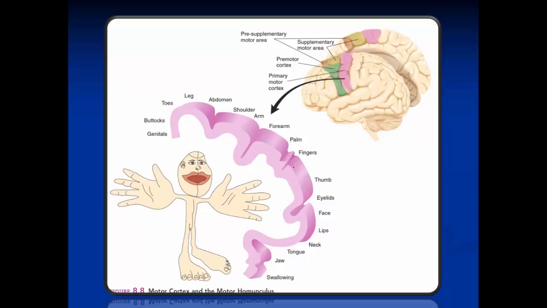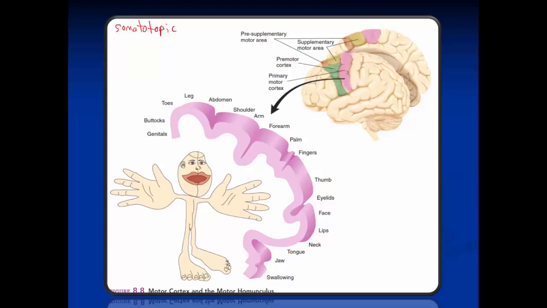Now, hopefully you're familiar with the term somatotopic. We've talked about this with primary somatosensory cortex, where certain parts of your body have a greater concentration of nerves.